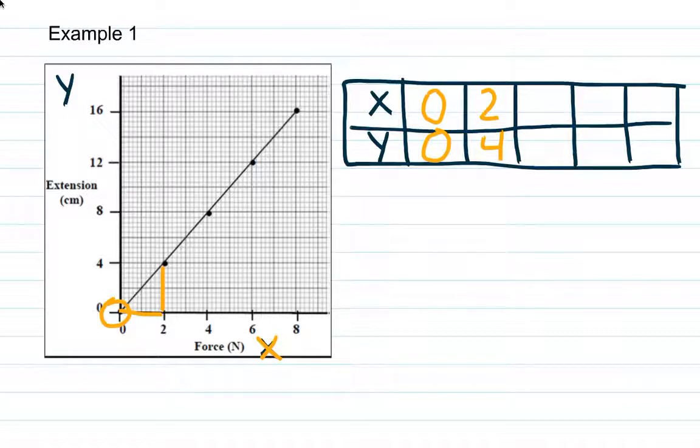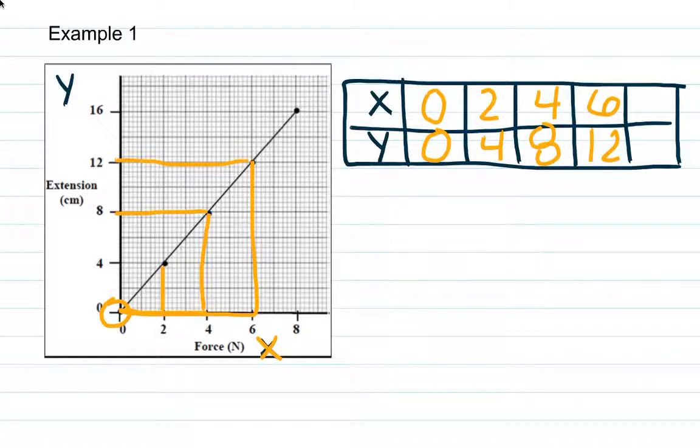Then the next coordinate, we start at the origin, go over 4. So that's our x value. And then we go up to 8. The next one, we go over 6, up 12. So we have 6, 12.